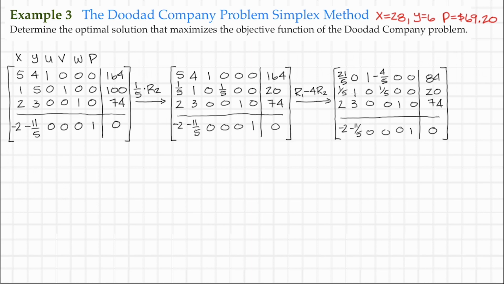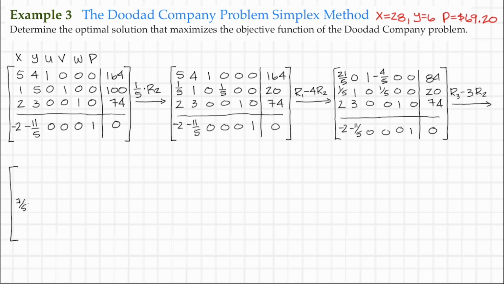So now that we've changed this one, we can now target this element. So we'll take row 3, and we'll minus 3 times row 2. So 1/5 times 3, that's 3/5. 2 minus 3/5, that's 7/5.